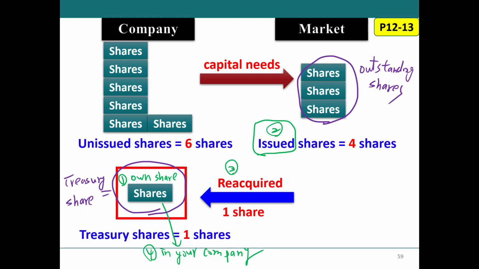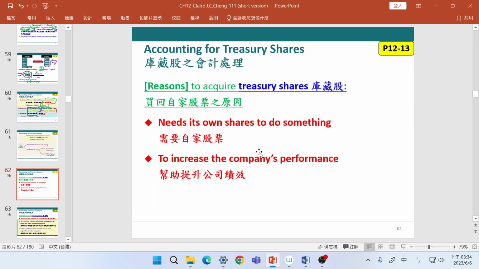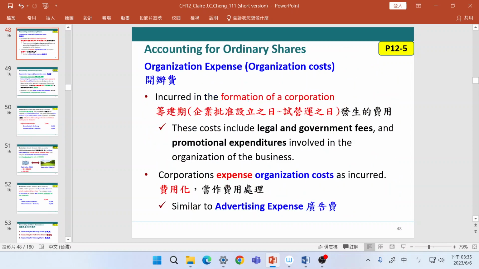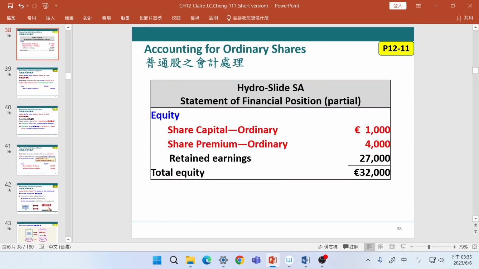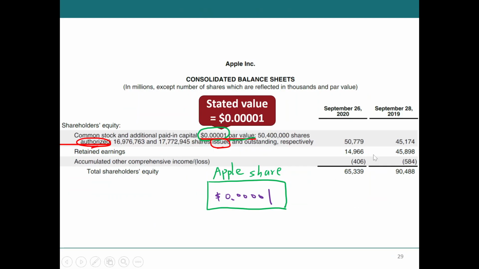Okay, any questions? No problem? Then we talk about this on your slide 29, right? So slide 29. Here, outstanding. What does outstanding mean? Outstanding means your issued shares in the market.